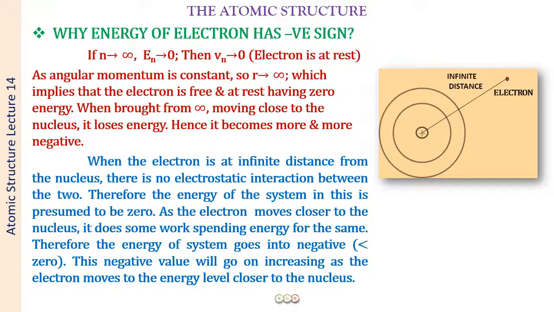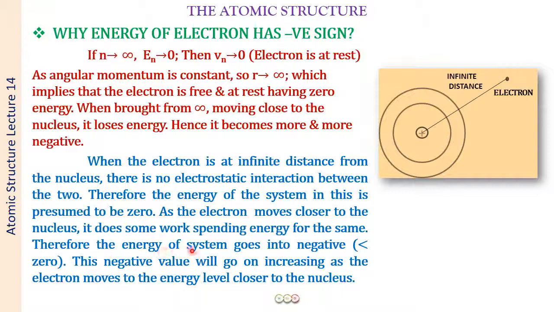If you want a write-up for the question, if you are asked in the examination, what you can write is that when the electron is at an infinite distance from the nucleus, there is no electrostatic interaction between the two. Therefore, the energy of the system is presumed to be zero. As the electron moves closer to the nucleus, it does some work, spending energy for the same.